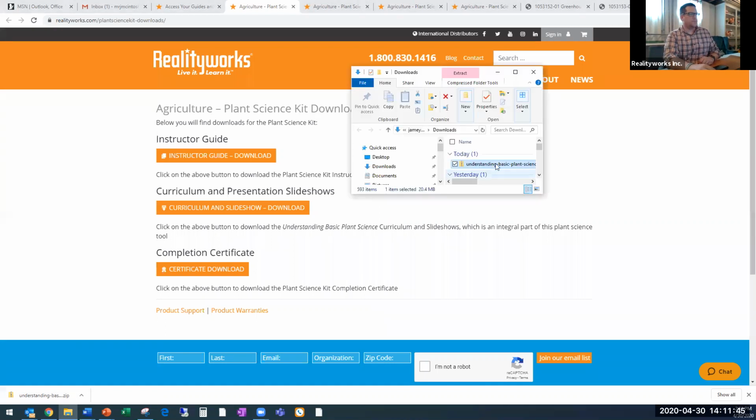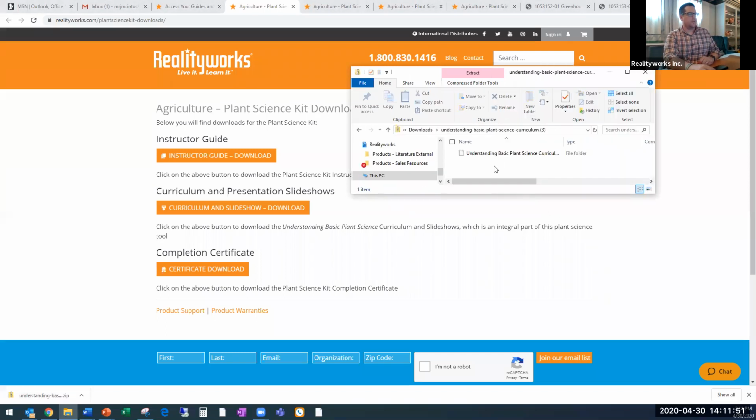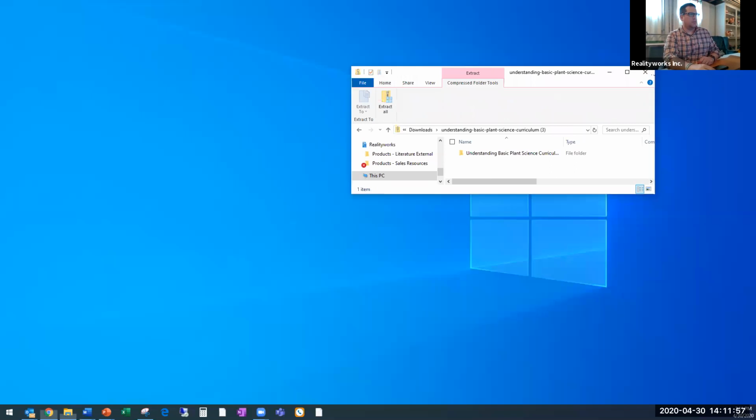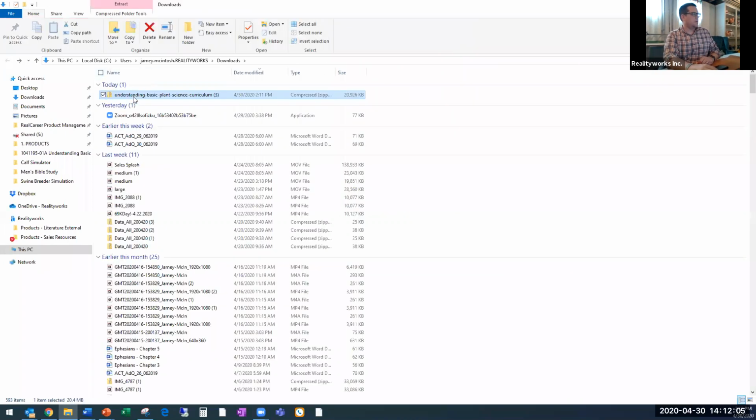Bring this over here. In this case, it's understanding basic plant science. Let me make it a little clearer for you. It's a zip file, or compressed file.